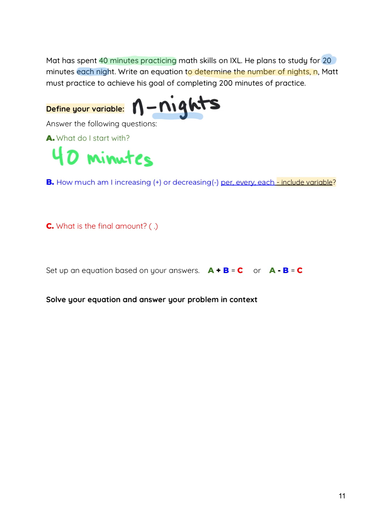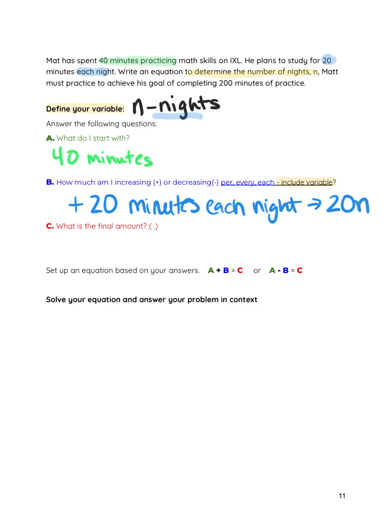Well, 20 minutes of practice, that's an increase. So I know I'm increasing by 20 minutes each night. How am I going to write that in math terms? That's going to be 20N. It's a positive increase of 20 minutes every night.